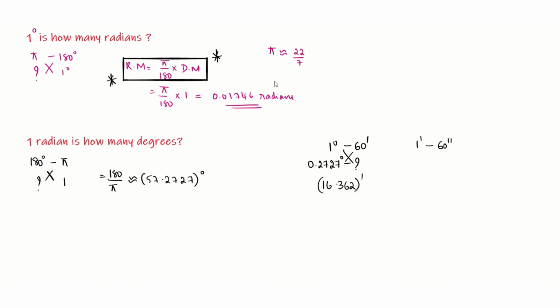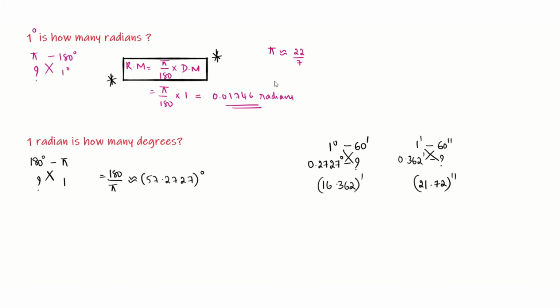Again, 0.362 minutes can be converted into seconds as follows. 1 minute is 60 seconds. 0.362 minutes is how many seconds? To do that, we can multiply 0.362 into 60. We will get 21.72 seconds.